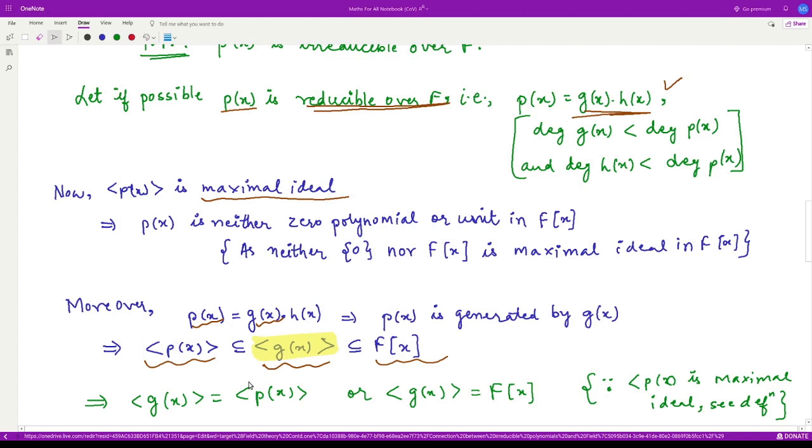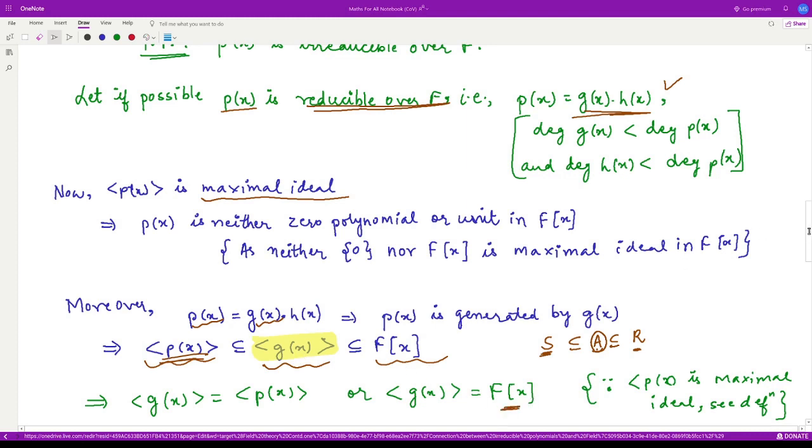So in both the cases now, because the ideal generated by p(x) is a maximal ideal, if such an inequality occurs, that means you have something like S contained in A contained in R. This is the ring, this is the maximal ideal, and if you have any ideal in between, then this ideal is either equal to S or it is equal to R. So similarly, the ideal generated by g(x) is either equal to the ideal generated by p(x), or it is equal to the ideal generated by F[x].